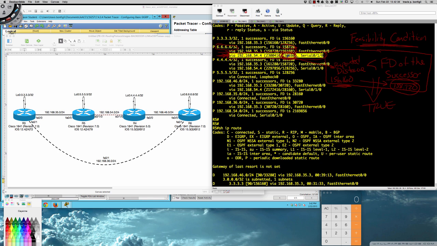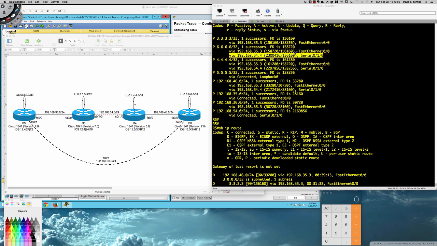And here's the benefit of that. If FastEthernet 0/0 were to go down, DUAL would not have to do a complete calculation to figure out what is my next best route. And the reason for this, and let me clear the screen here, is that DUAL already did that.